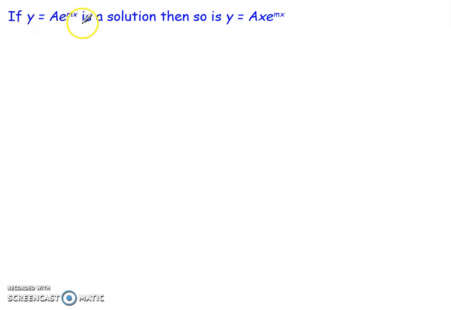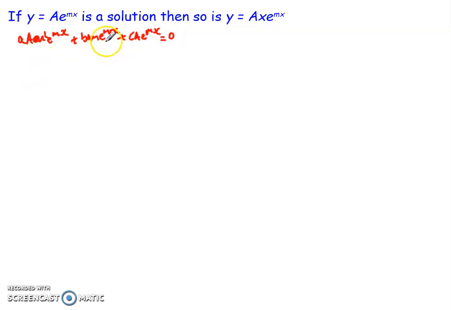So if we have y equals ae to the mx as a solution, we know then that a times am squared e to the mx plus b times am e to the mx plus c times ae to the mx equals 0 is a solution to our second order linear differential equation.